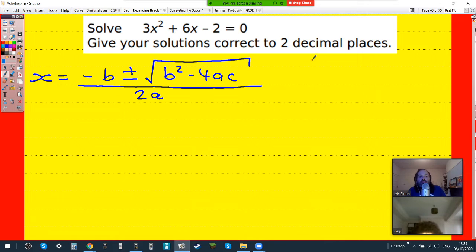What is a? What is b? What is c for this one? a is 3, b is 6, and c is 2. Very close. Something's missing from the 2. Minus 2. Yep.